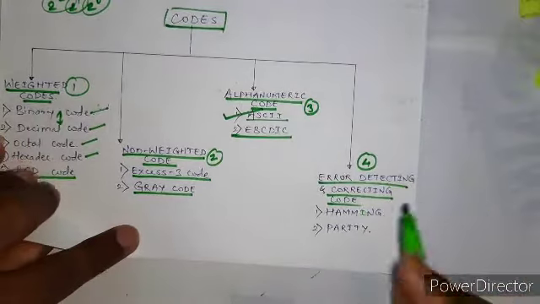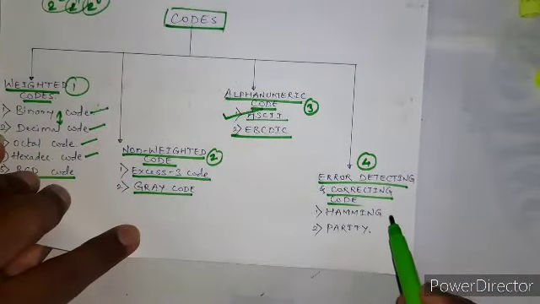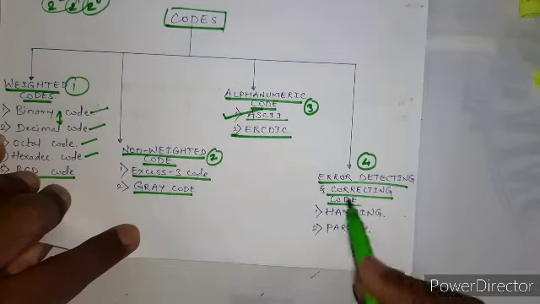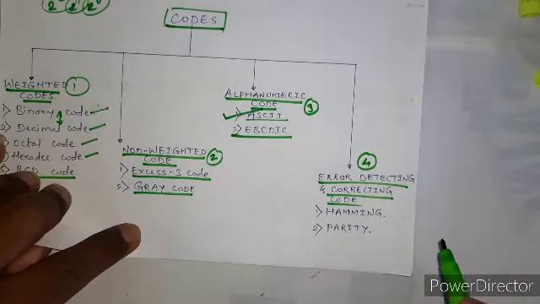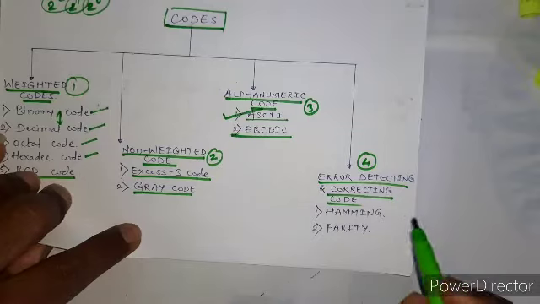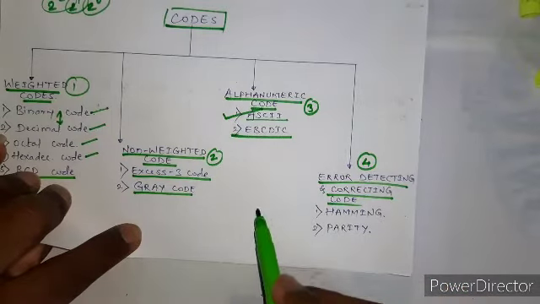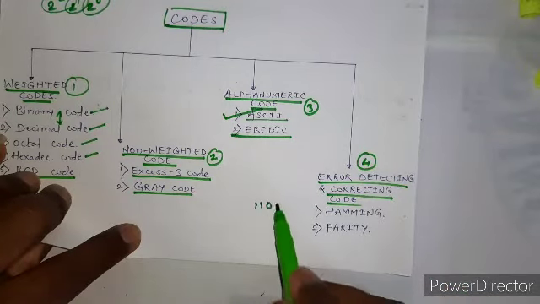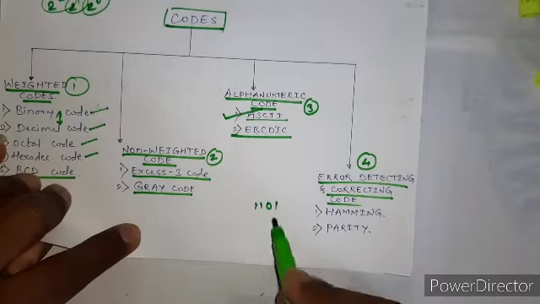And then error detecting and error correcting codes. We have Hamming code and parity code used for error detecting and error correcting. It's simply like from the transmitter side you are sending data and you are checking whether you have actually received this data.